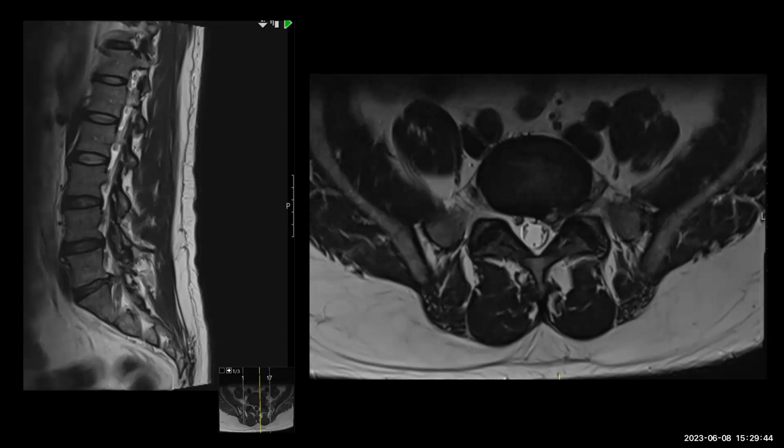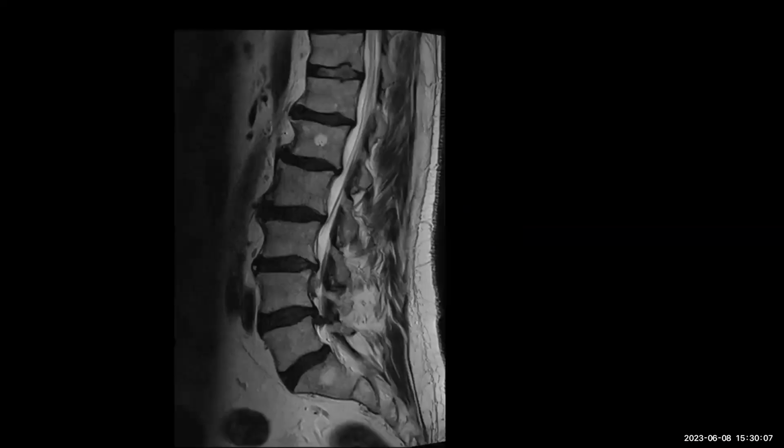So it can result in non-compressive radiculopathy. In this case, it's obviously compressed in the lateral recess. But if you have an annulus fissure in contact with a nerve which might not be compressed, the fact that there's an annulus fissure there can cause nerve root irritation.